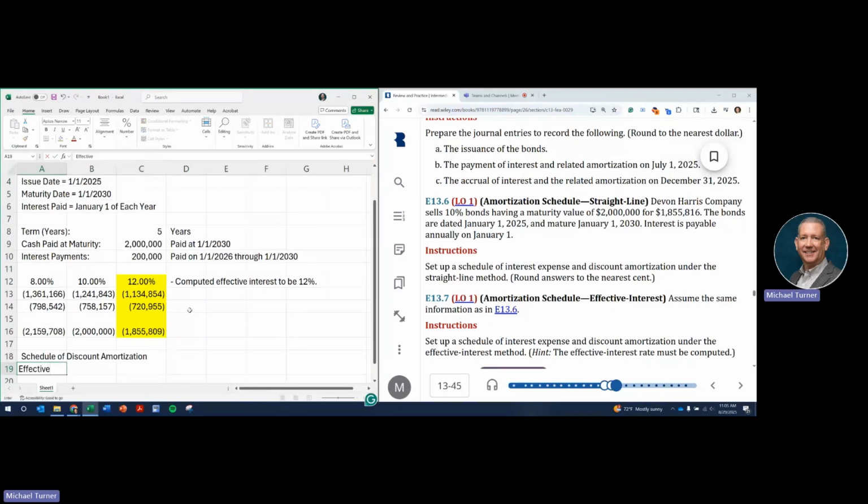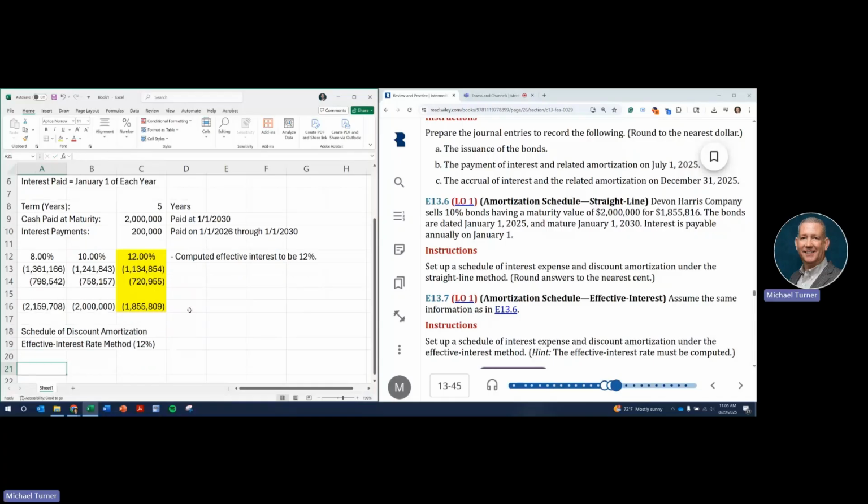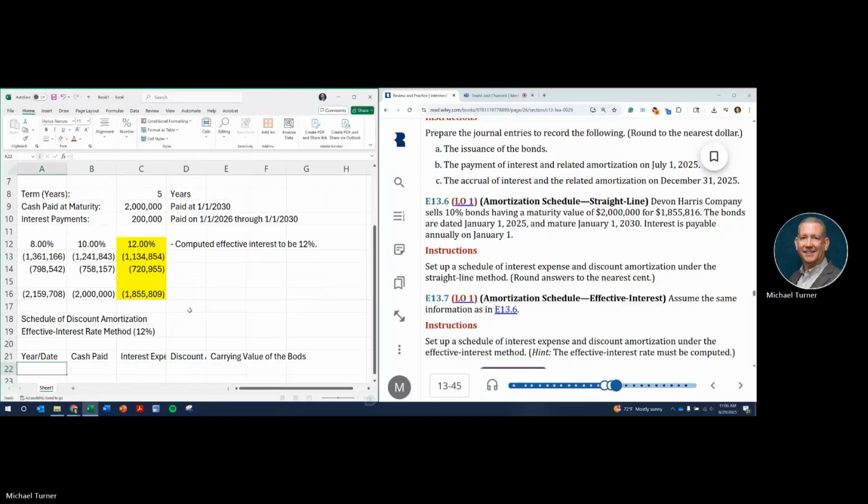This is the effective interest rate method, and we found that to be 12%. The columns we will need are the year or date, the cash paid, the interest expense, the discount amortized, and the net carrying value of the bonds.